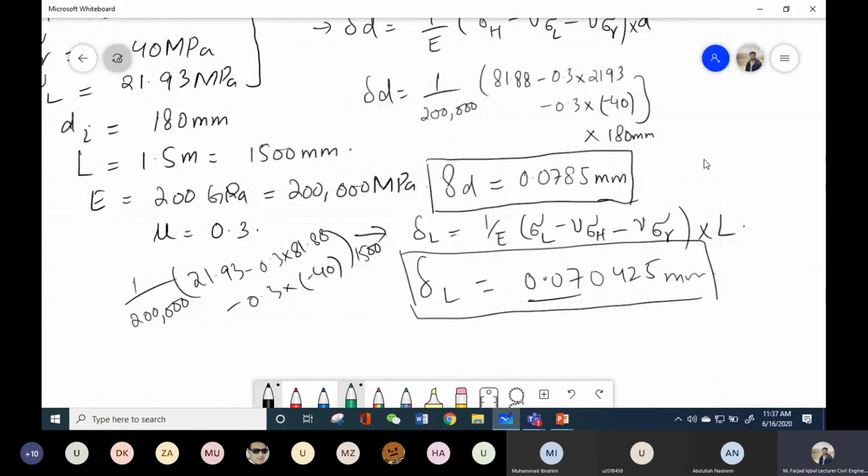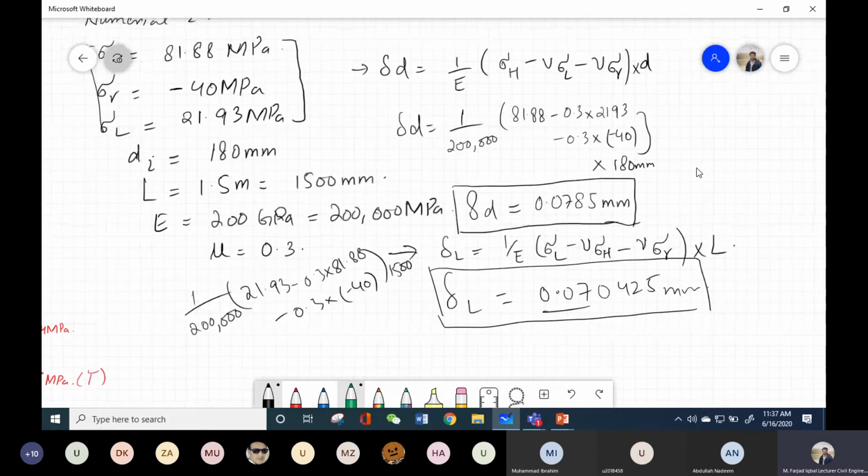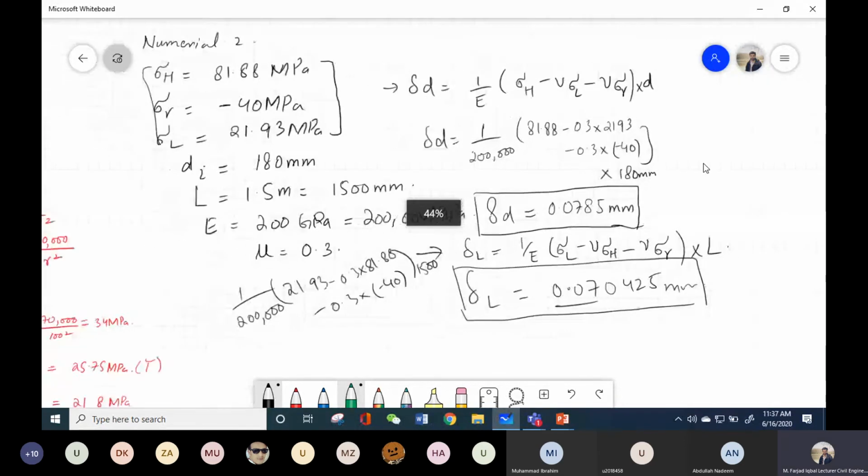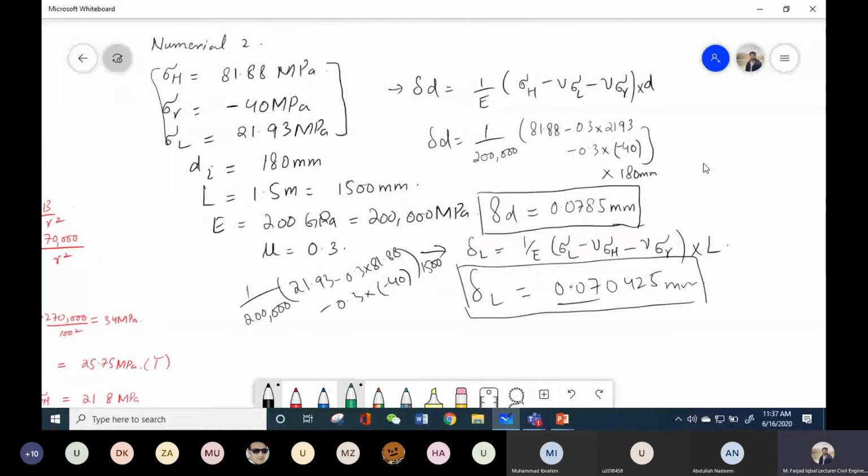So is there any question about this numerical? Because these are the two things and it was a simple case. In the case of cylinders, you are going to get similar type of questions. If you know how to use the formulations, you can be asked to calculate the radius of the cylinder provided the stresses, or the length of the cylinder.